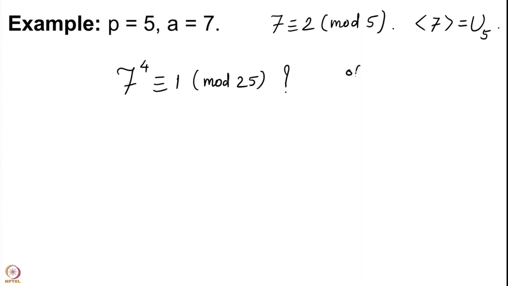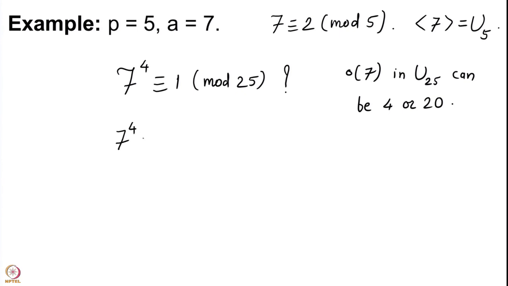Because we know that the order of 7 in U25 can be 4 or 20. If it is 4, then it is not a primitive root modulo 25. If it is not 4, then it is a primitive root modulo 25.